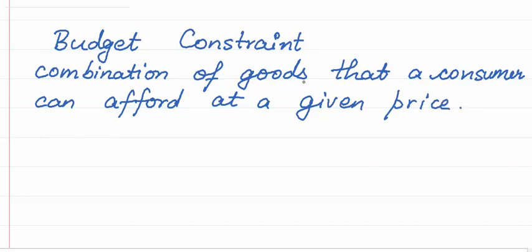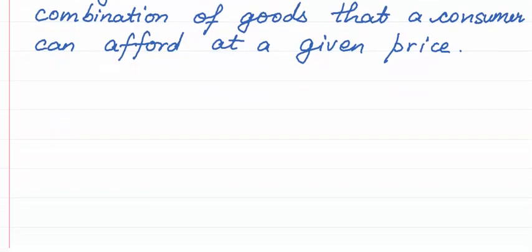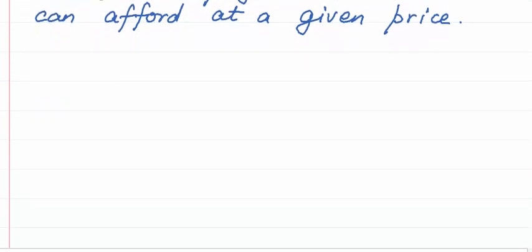Now, if we want to calculate or know about the budget constraint of a consumer, we need three main things. So let's see what data is required. The first thing is that we need to take two goods for the sake of simplicity, though there can be varieties of goods that a consumer wants to consume.